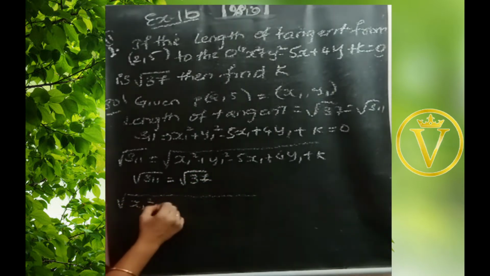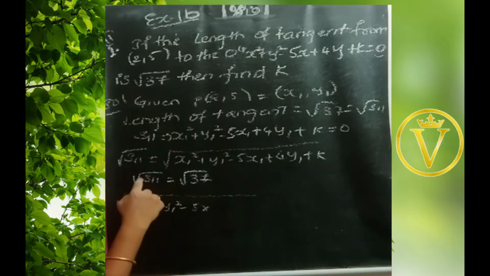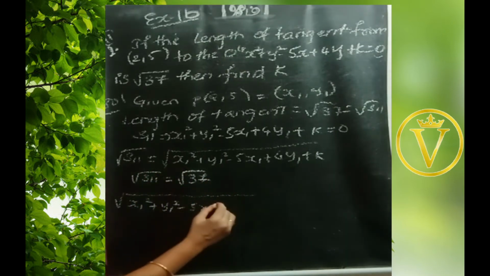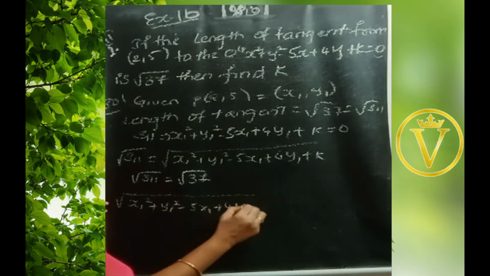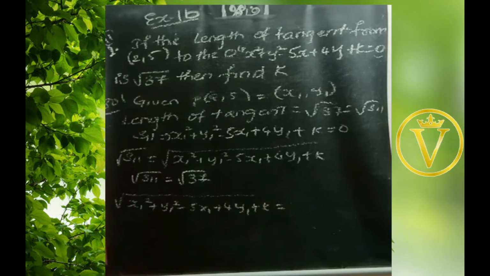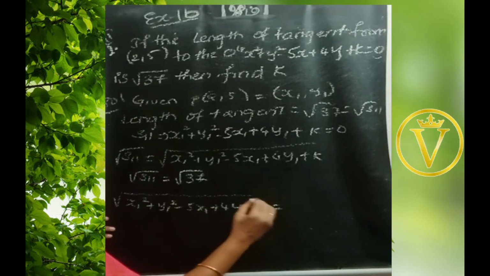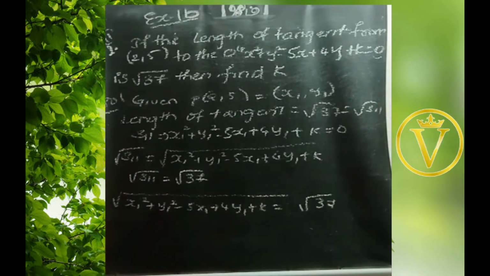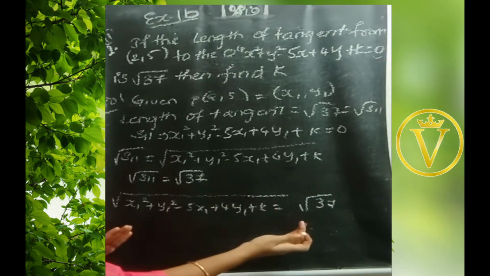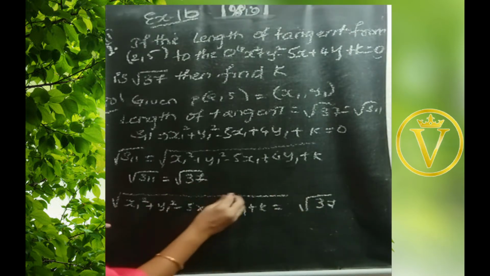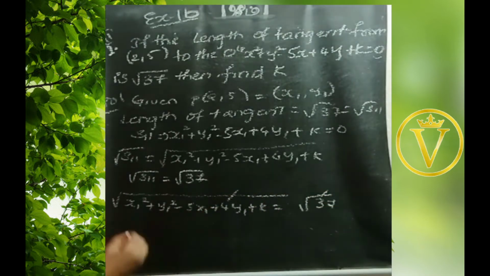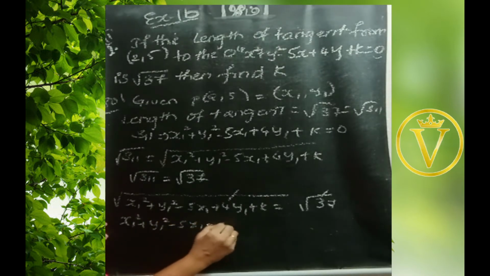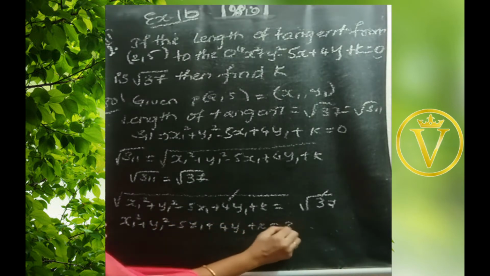See, both sides have root terms, so you can easily cancel them. Now you get x1 square plus y1 square minus 5x1 plus 4y1 plus k equals 37.